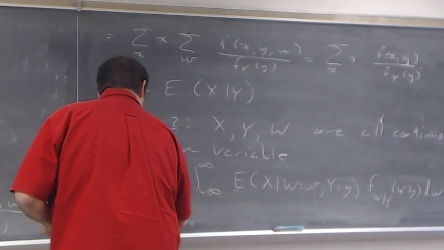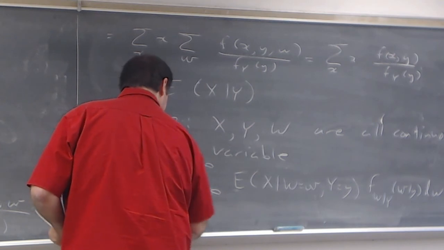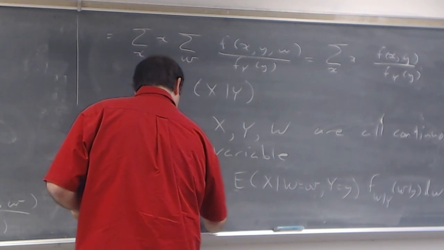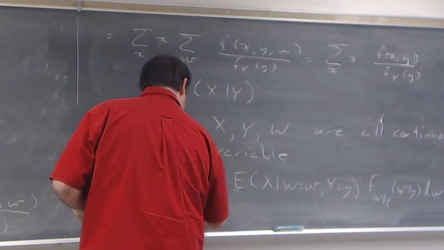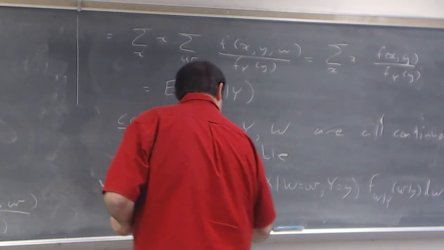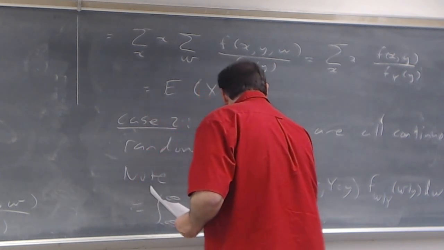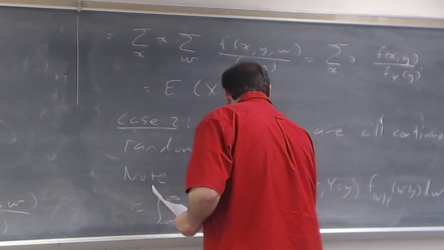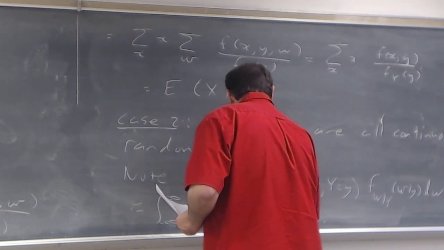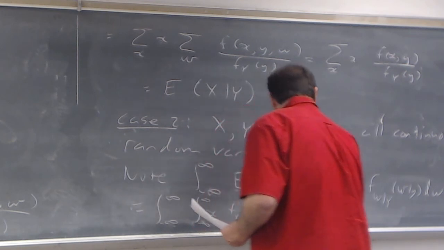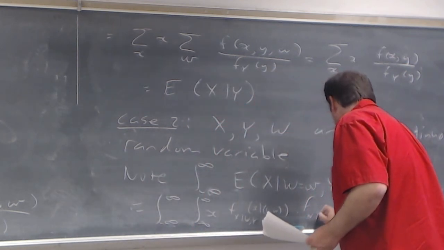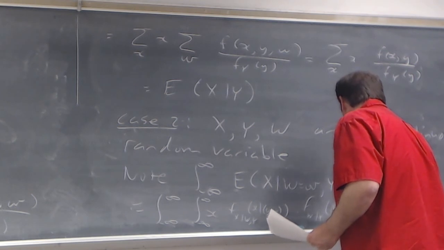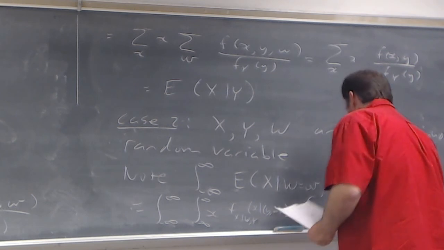Well, that's going to be equal to an integral from minus infinity to infinity, and then another integral for this expected value, x from minus infinity to infinity, f sub x given w and y, here x given the point y, w, and then times f of w given y, dw.